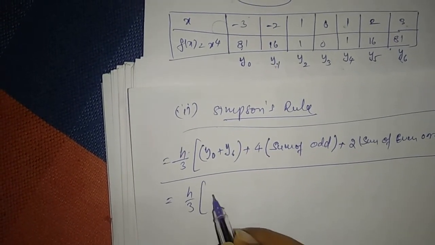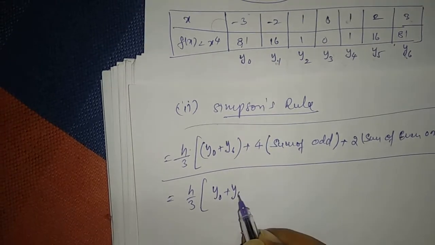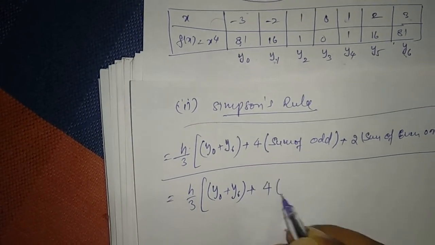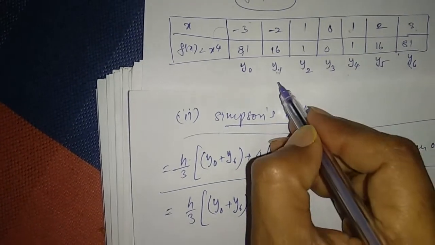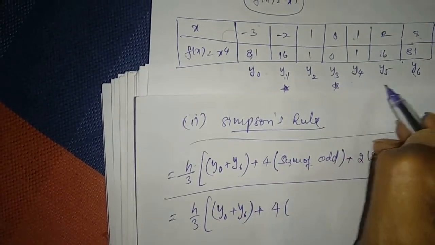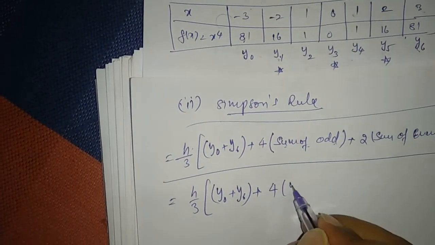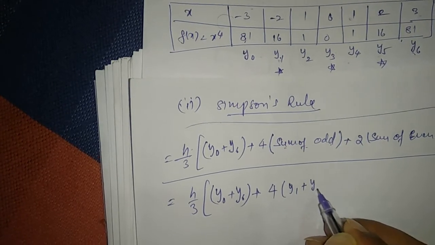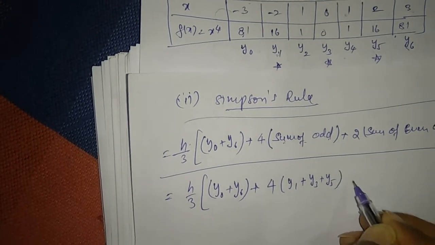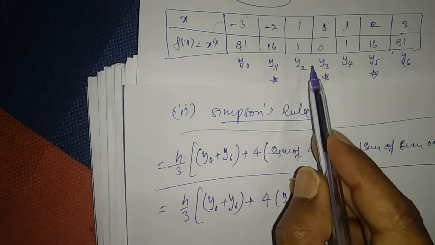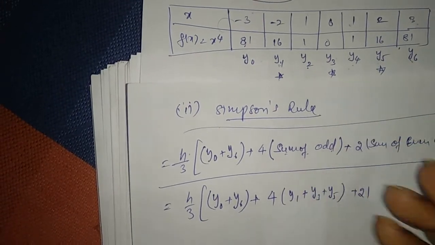This is the formula: h by 3 whole into y naught plus y6 plus 4 into the sum of odd ordinates. This is the odd one, this is the odd one, this is the odd one, so y1 plus y3 plus y5, plus 2 into the even ones, here even is y2 and y4.